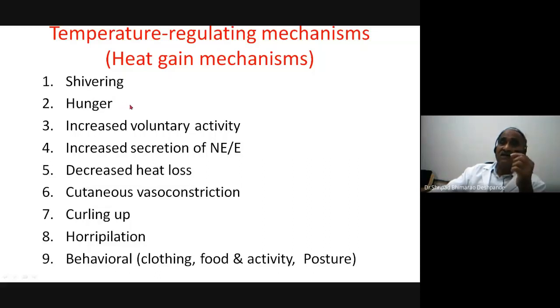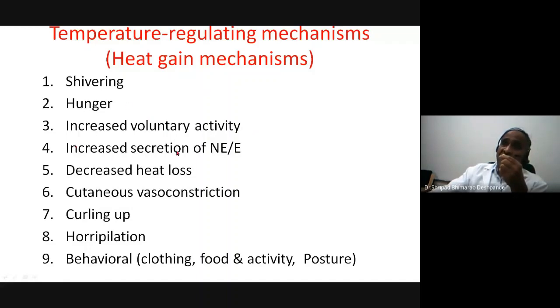The food is having a specific dynamic action, and that would produce extra heat. So consumption of food increases the heat production, because that involves the specific dynamic action, and also increased visceral activity along with the somatic activity.